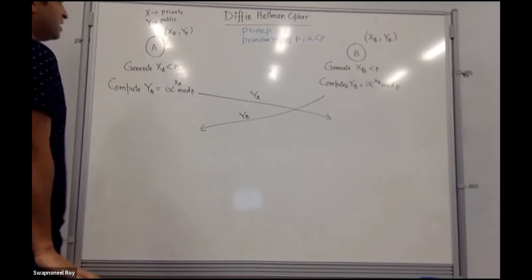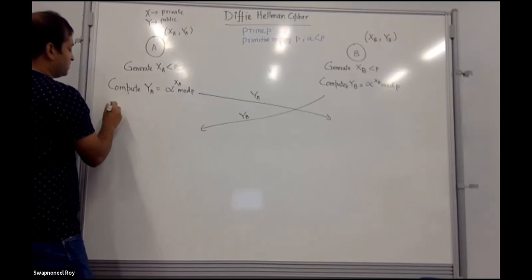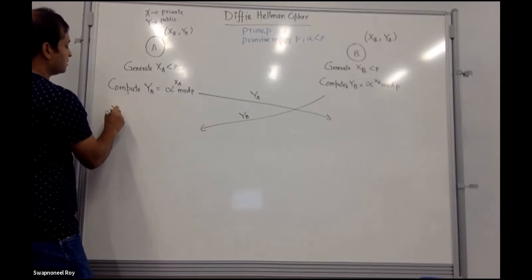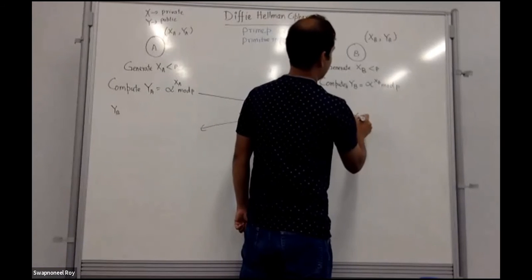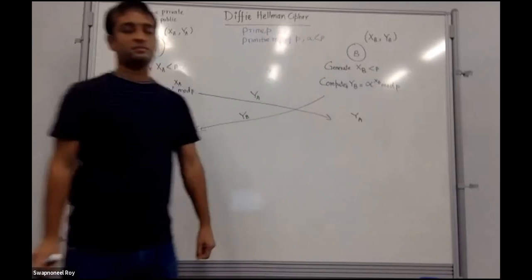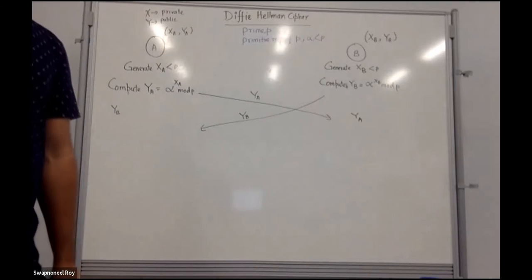Clear. At this point, Alice has YB, that's Bob's public key, and Bob has YA, that's Alice's public key. They have each other's public key.